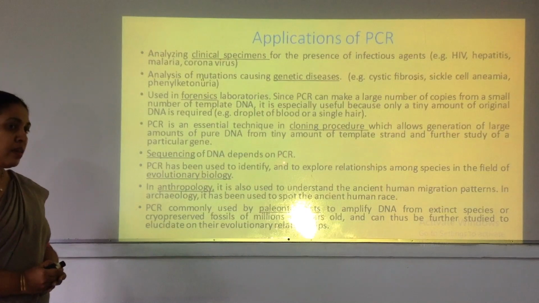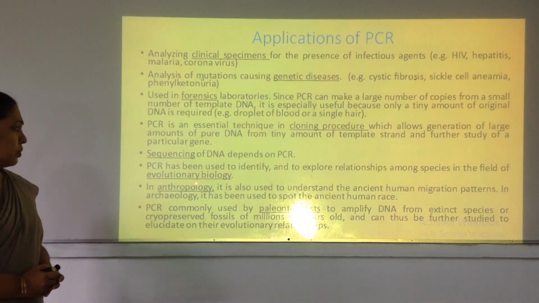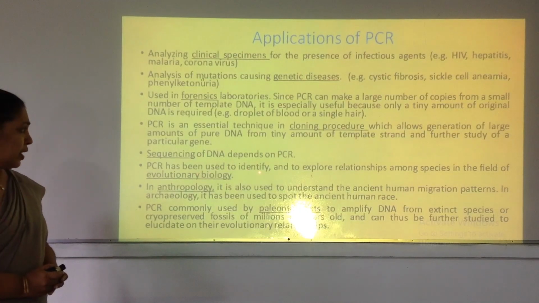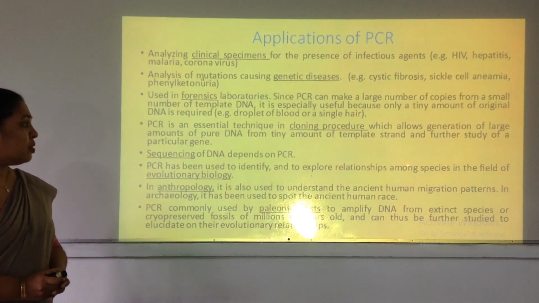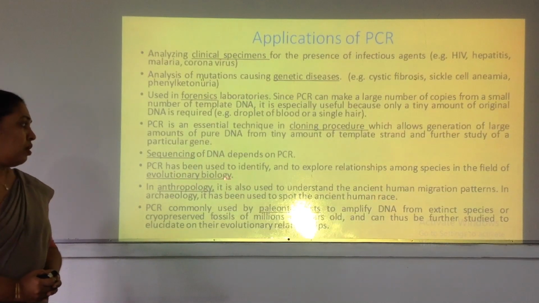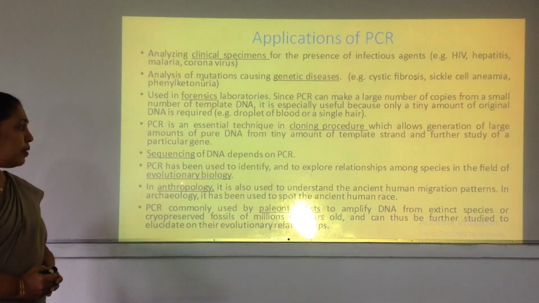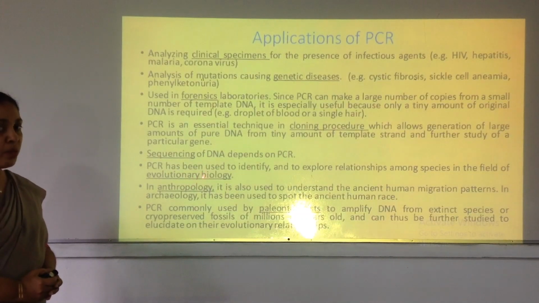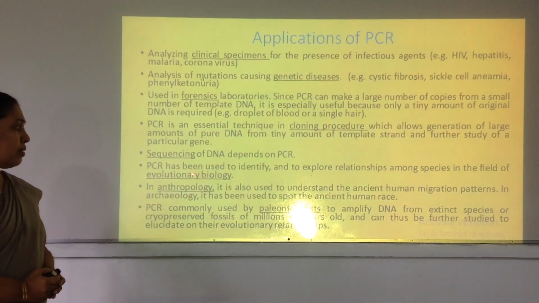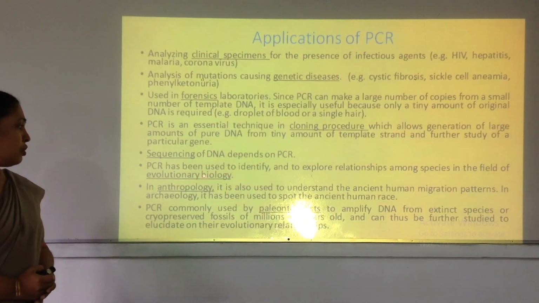If we have a small sample, we can increase it using PCR, and it is also used to identify and explore relationships among species in evolutionary biology. To study especially some samples, as in Jurassic Park, some preserved samples, a very small amount is there. We can copy it using PCR and study it in evolutionary biology.